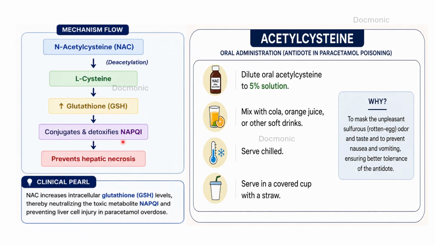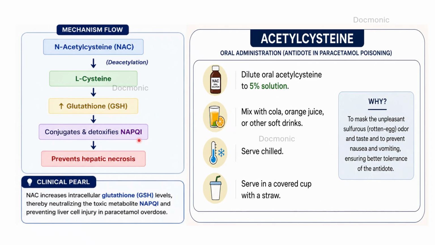How do we decrease this? By restoring glutathione stores. Since our body's glutathione stores are depleted in PCM poisoning, we give N-acetylcysteine, which forms cysteine, and cysteine with two more amino acids forms glutathione, and that's how it prevents toxicity.